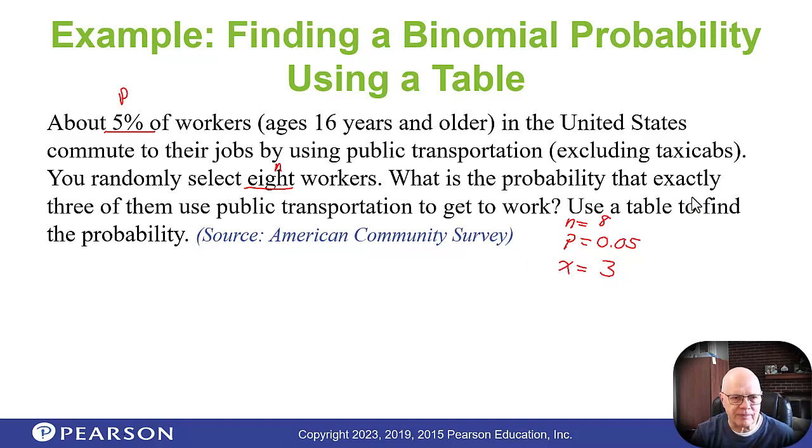Exactly means, here we go, exactly means you're going to use the PDF function. Exactly means use PDF. So you're going to go to the second bars, and you're going to go down to binomial PDF, and you are going to have 8 trials. The probability on each one is 0.05, and you want exactly 3 for your probability.